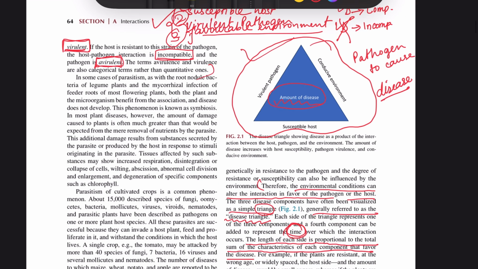This is the amount of disease they are saying. It depends on how virulent a pathogen is and how susceptible the host is. For example, if the host is this much susceptible, not that much, excluding this part, and the favorable condition is this much, then see the area is less, right?